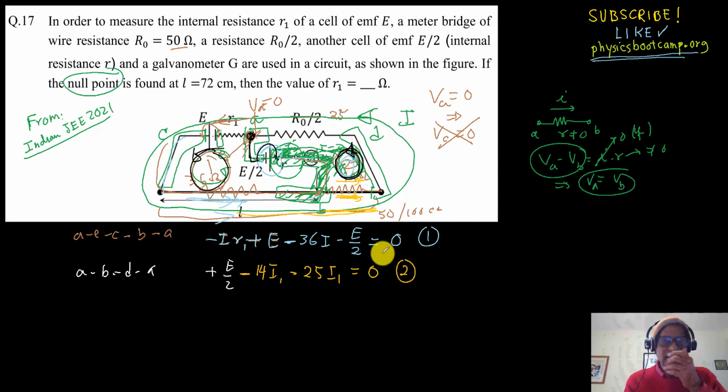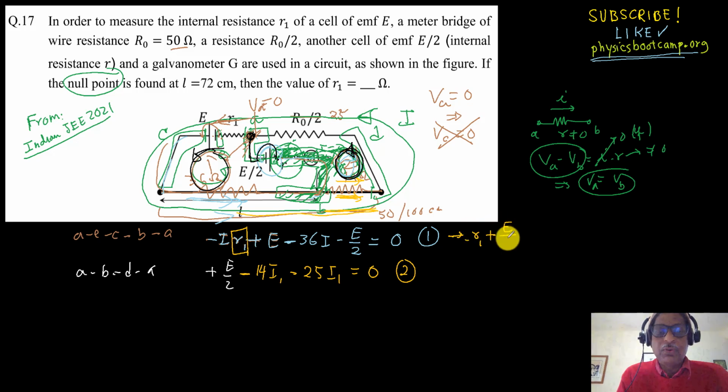And with these two, I just need to find R1. One thing you notice is you can just divide by I everywhere and solve for R1. So R1 minus R1 plus E, these two together is E over 2I, and then minus 36 equals 0.